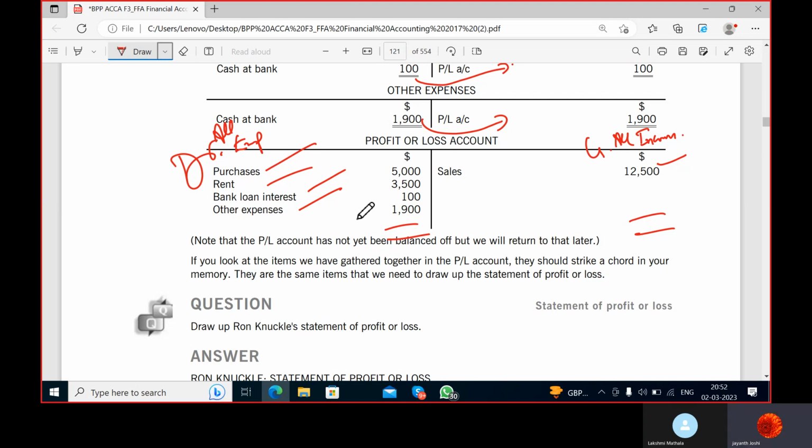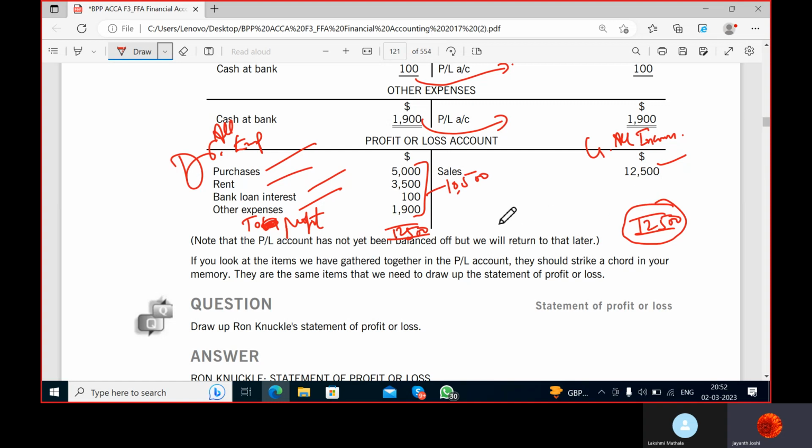So 2,000. We will put it here to balance to profits. Why profits? Your income is 12,500 and your expenses are around 10,500.